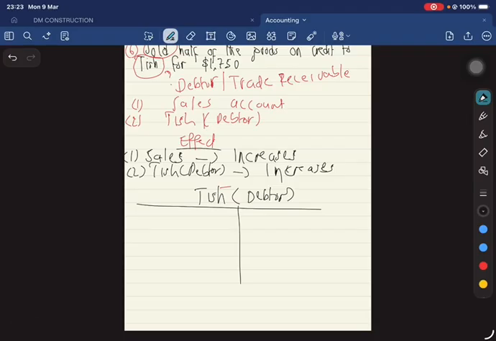And what's the accounting rule for assets? We say assets increase at the debit side and decrease at the credit side.